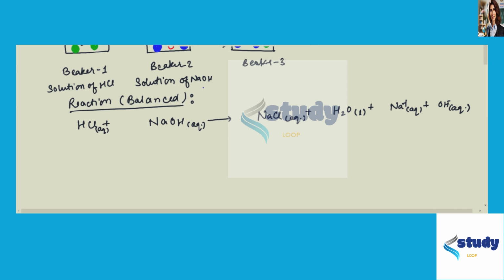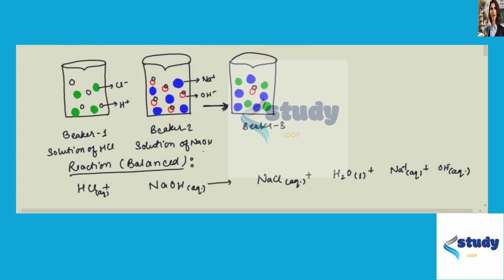Now in beaker 1, it is given 4 HCl, so 4 H plus ions and 4 Cl minus ions are there. So this will be 4. For beaker 2, we have 5 Na plus and 5 OH minus ions, so it will be 5 NaOH.